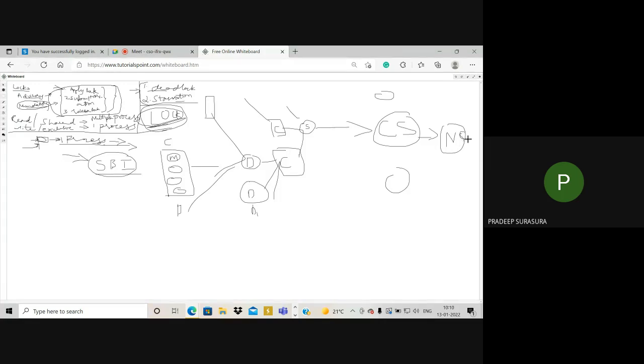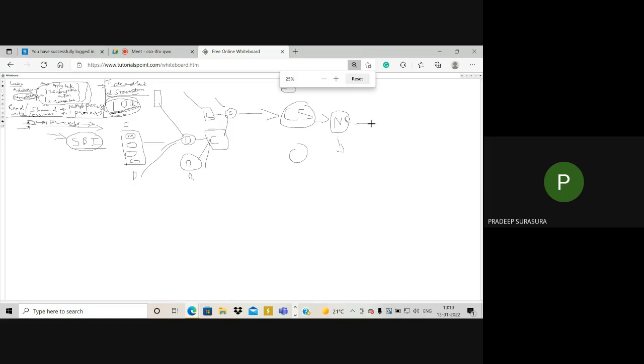From national it is connected to international and other things. So the hierarchy is like this: from city to districts, from districts to clusters, from clusters to state, then state to state clusters, then to national, then to international. This is how a bank is all connected.